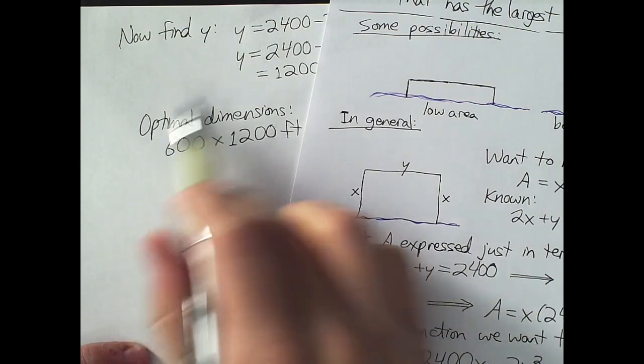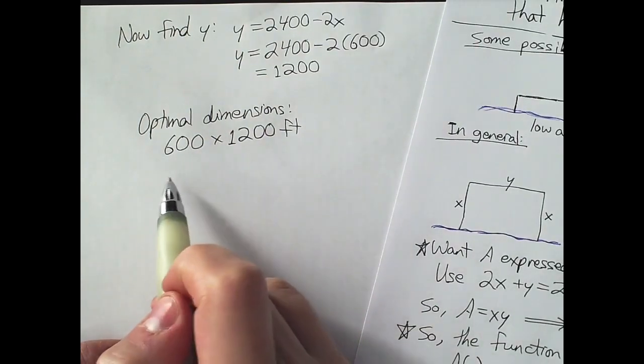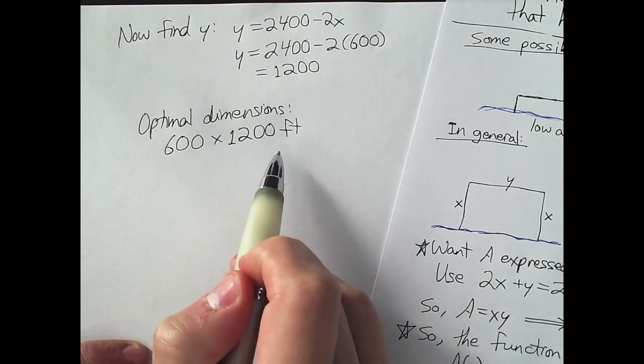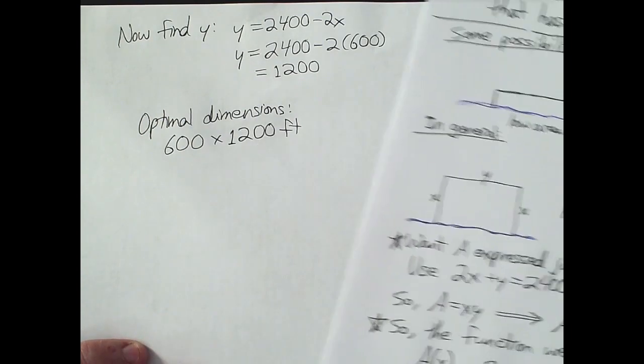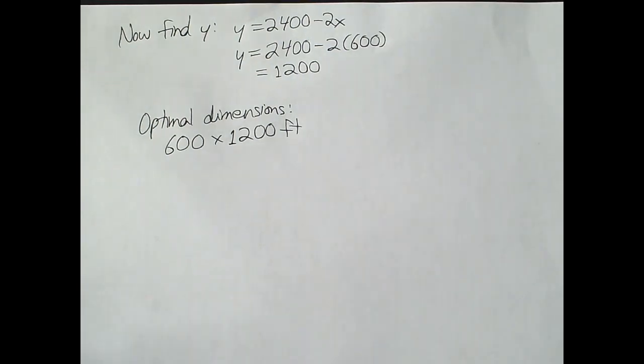See what I mean? If you just say 600 by 1200, it's like, okay, but which is which? Now, if you said x equals 600 and y equals 1200, that's still not really clear unless you also provided them with the picture. If you just said, make x 600, they would say, well, what's x? The problem didn't say anything about x or y.